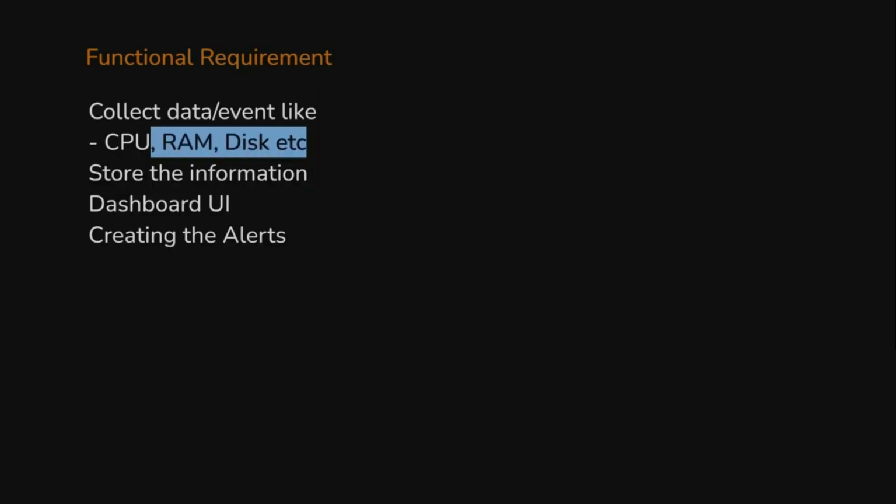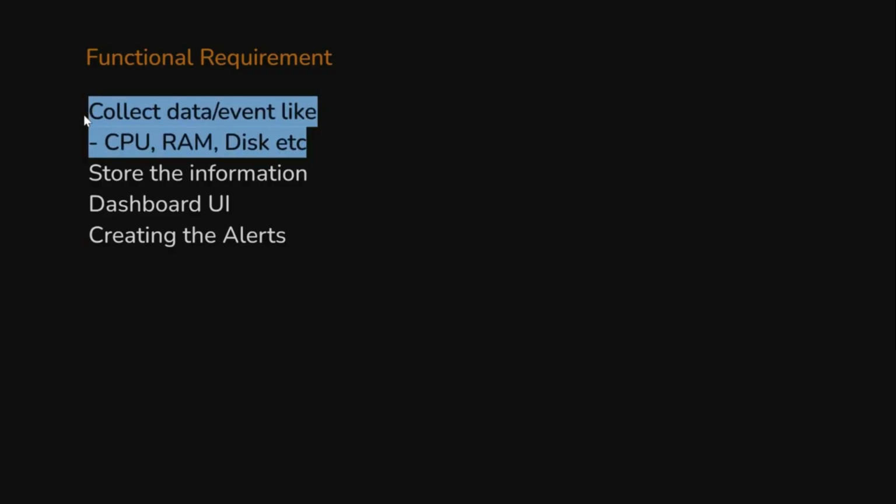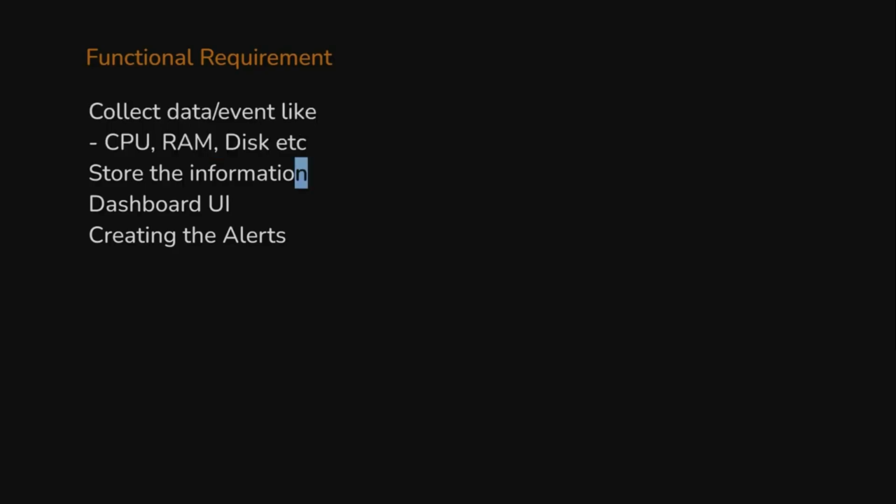So we can collect these events for each of the servers hosted in the infrastructure, store this information in some storage, and provide a dashboard for the stakeholders to look at the performance of these servers.